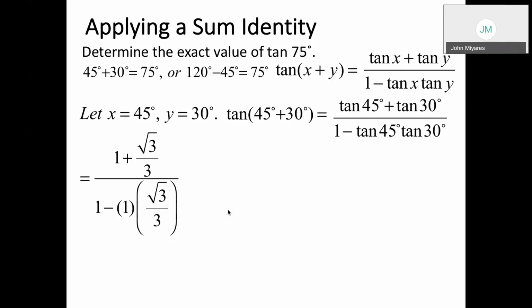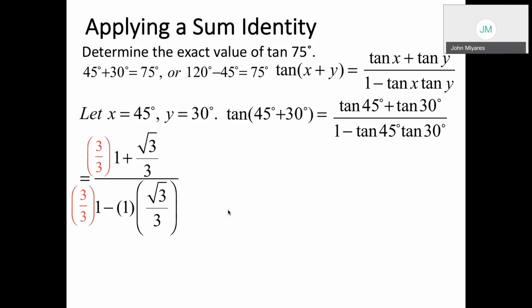First, let's try using a common denominator within each part of the fraction. Both the big numerator and the big denominator have a root 3 over 3 in it. So what I would recommend doing is to turn each of those ones, the 1 plus root 3 over 3 and the 1 minus root 3 over 3, into 3/3 by multiplying by 3 over 3.